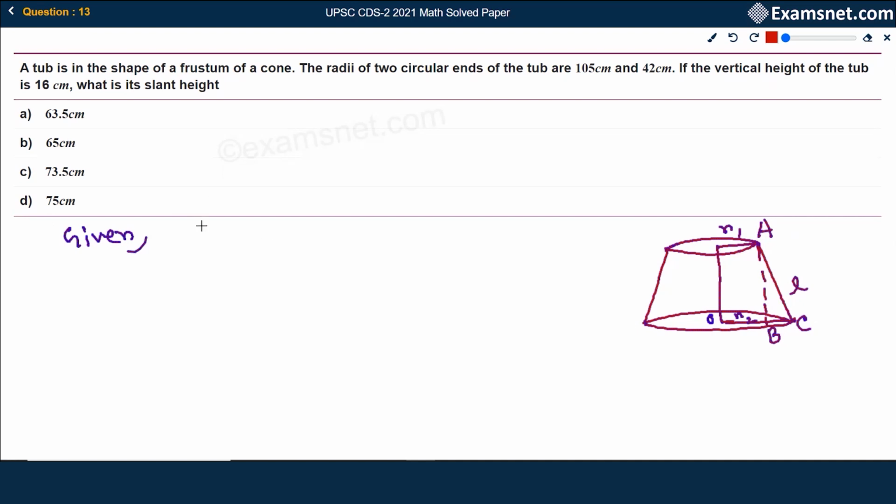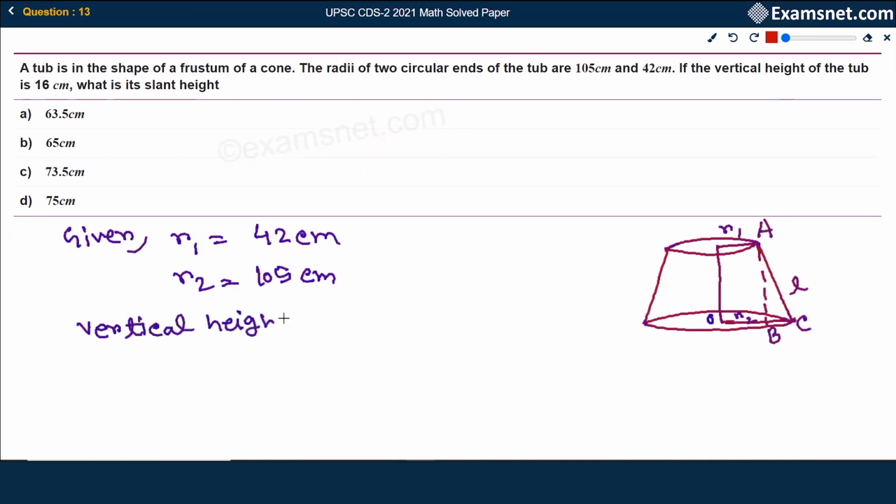Given the dimensions of the frustum: R1, the radius of the top circular end, is 42 centimeter; R2, the radius of the lower circular end, is 105 centimeter; and the vertical height AB is 16 centimeter.